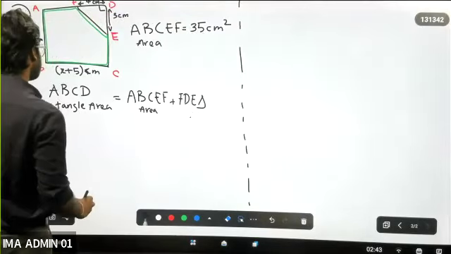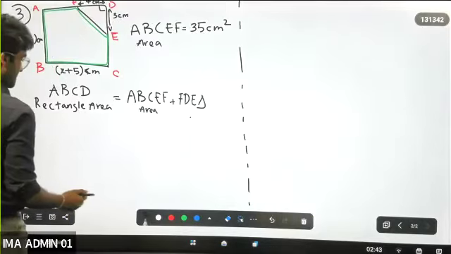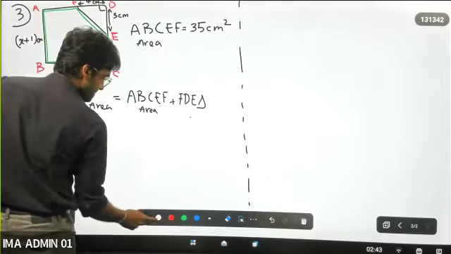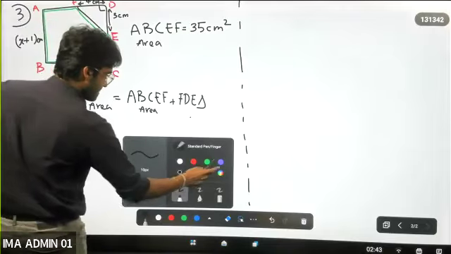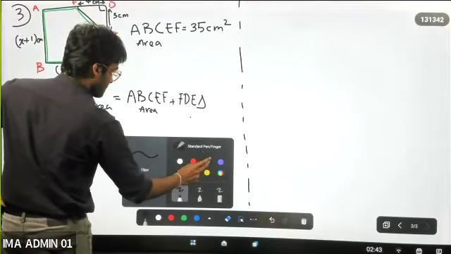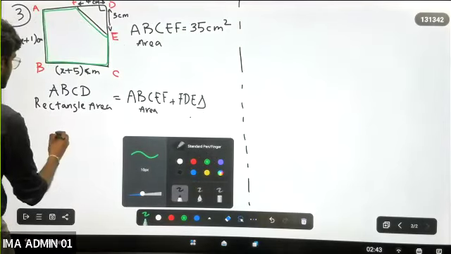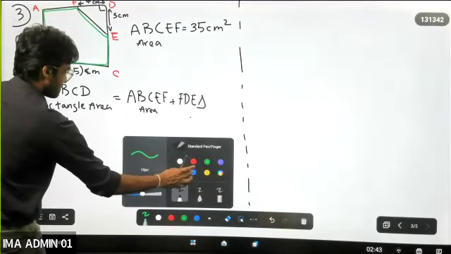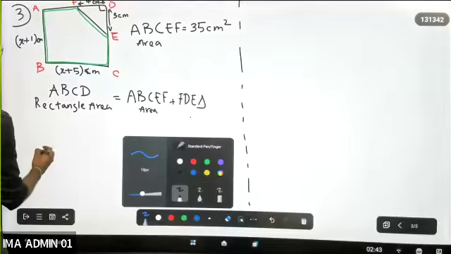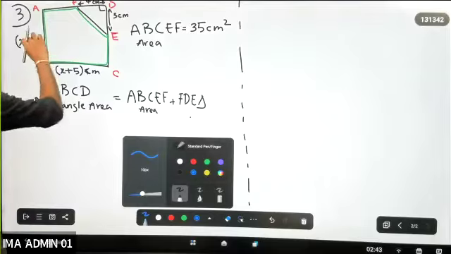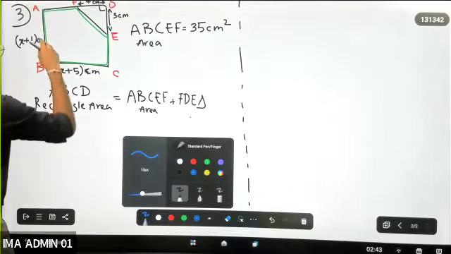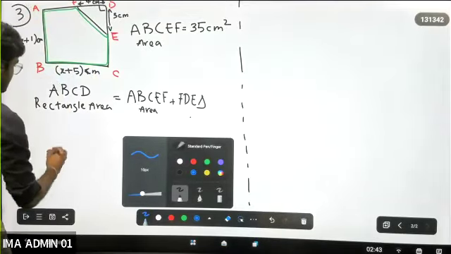Right? So the ABCD rectangle area, we could get that as ABCD. Sorry, we use a different color for that. How to find out the rectangle area? You multiply one side and its adjacent side, or maybe length and the width.